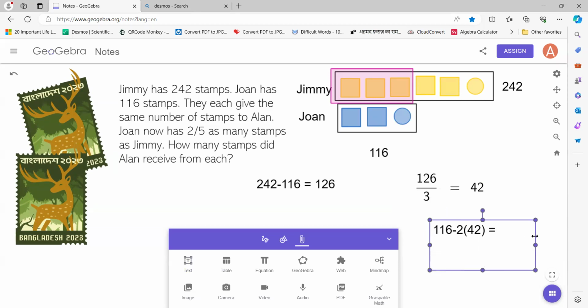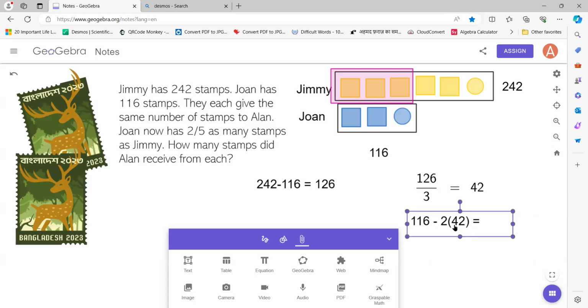I'm going to use my calculator. Again, 116 minus 42, minus 42. What should I get? 32.